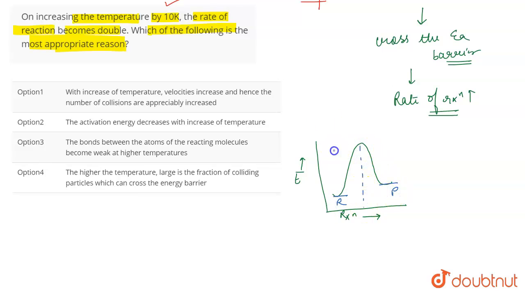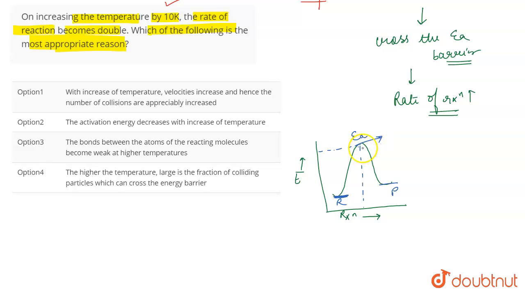This energy corresponds to the activation energy. If we increase the temperature, the reactant molecules are going to collide faster. When they collide faster, it means that they are going to cross this barrier easily. This is the activation energy barrier.